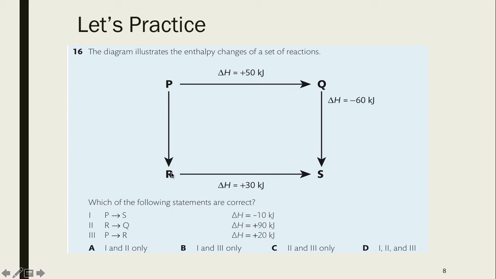Well, if this way is negative 10 and R to S is positive 30, then this value, positive 30, plus whatever this is, should be equal to negative 10. That would make P to R have to be negative 40. It says P to R is positive 20. So number 3 is not correct, which means that letter A, only 1 and 2, those statements are correct.